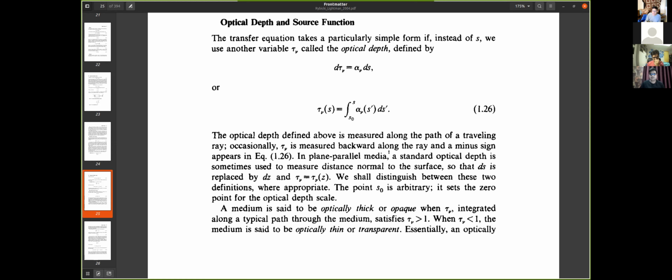So, Pratyush, here is an important thing I wanted to comment upon. The distinction between optically thin and transparent is based on this criterion of whether tau nu is greater or less than 1. But in practice, nowadays, people talk about an optically thick medium when the optical depth is much greater than 1. So when the optical depth is around 3, 4, 5, 10 or more, that's optically thick. It's more like a limit when it's much greater than 1. And it's optically thin when it's the opposite, when the optical depth is much less than 1.